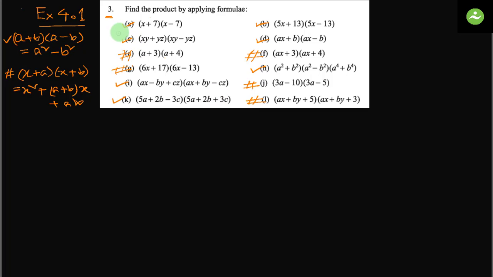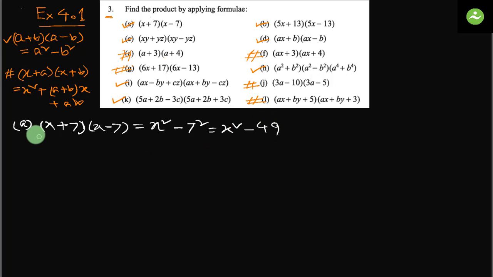Okay, now let's start with A. I will use white chalk. A, serial A, x plus 7 into x minus 7 equals A square minus B square, means x square minus 7 square, equals x square minus 49 is the answer.